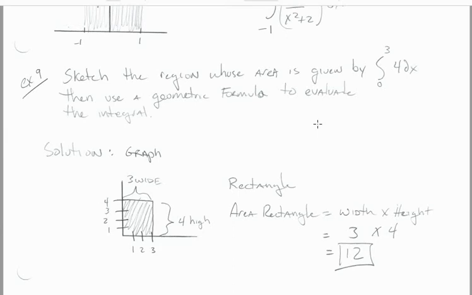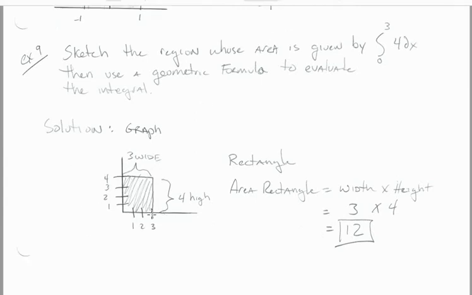So in this case, if we sketch this integral from 0 to 3 of 4 dx, I've done the graph down here. Notice on the x-axis we're going from 0 to 3, and the function is 4, so that would normally be a horizontal line at 4. We just make that horizontal line only go from 0 to 3.